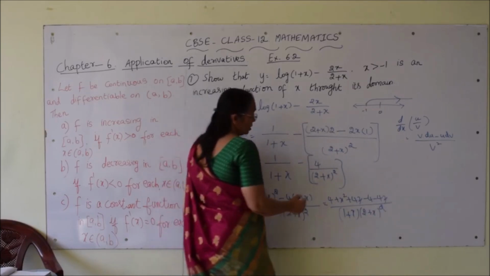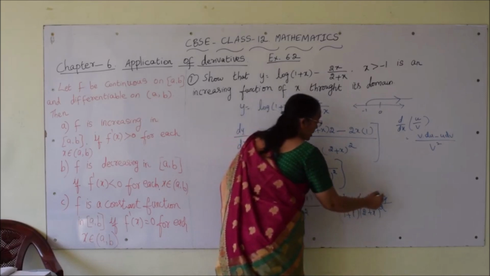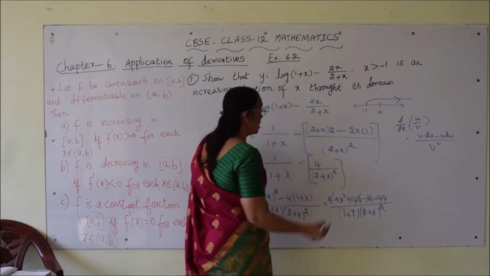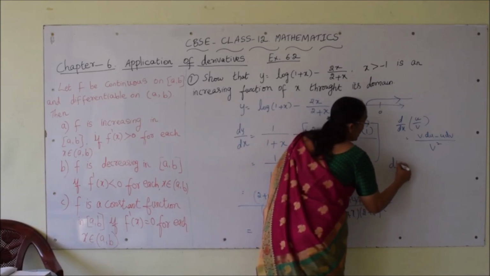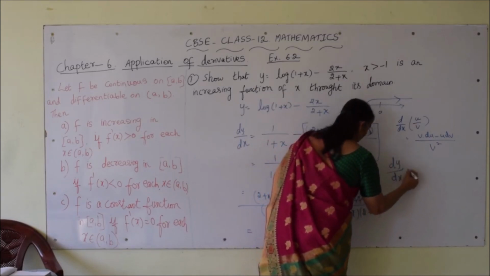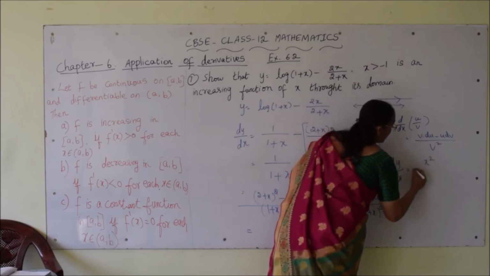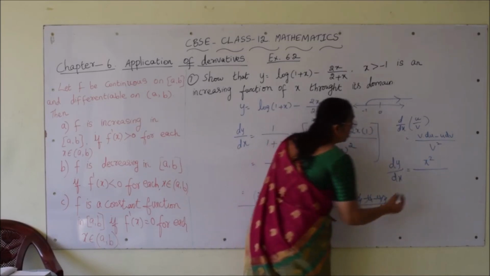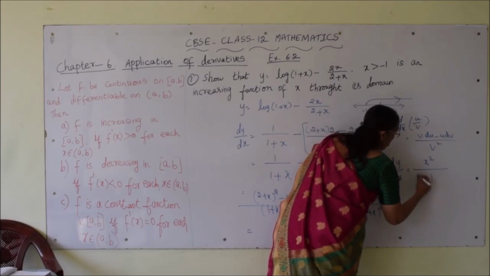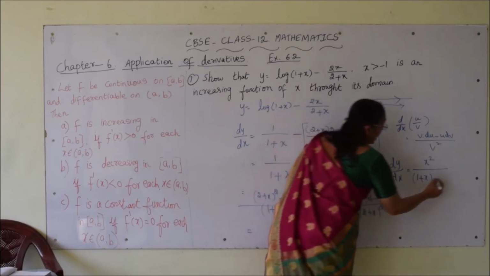Now, the terms 4 get cancelled and 4x gets cancelled. So now our dy by dx is nothing but the numerator is only x square, and the denominator is 1 plus x of 2 plus x whole square.